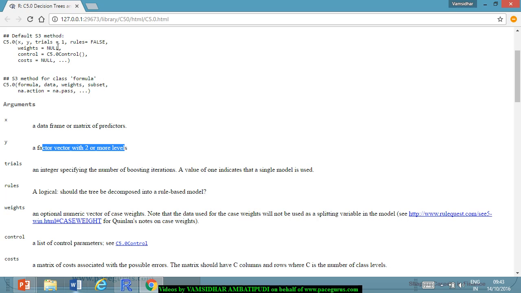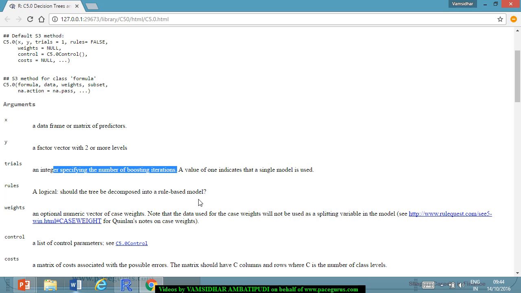The number of trials is an integer specifying the number of boosting iterations. It means the same process, how many times with how many different sets of 700 needs to be performed. Because the more sets it performs with, the better the chance of high accuracy coming into the classification.